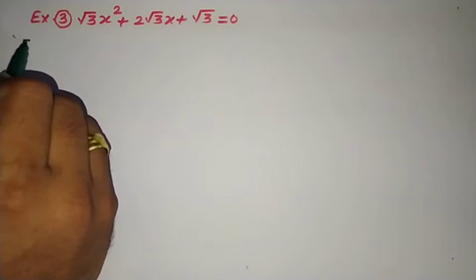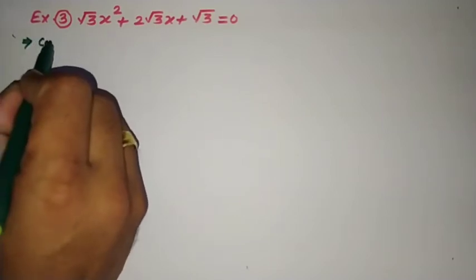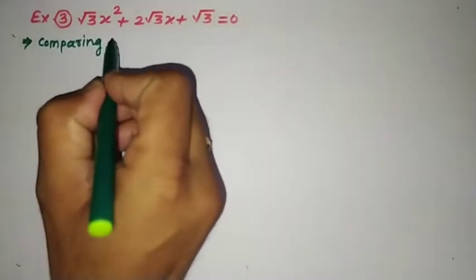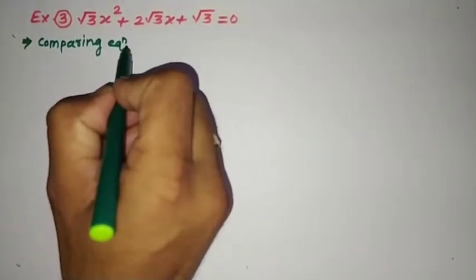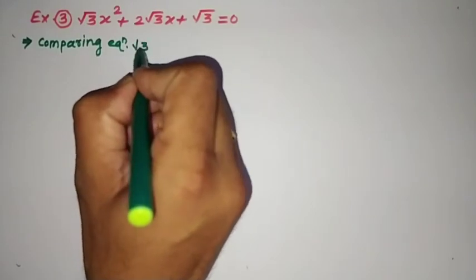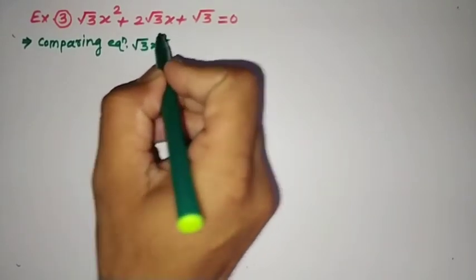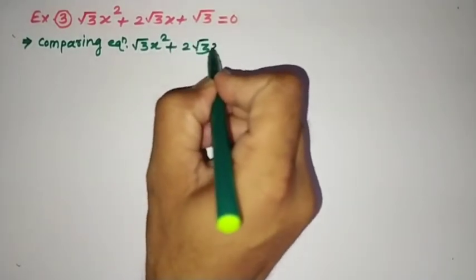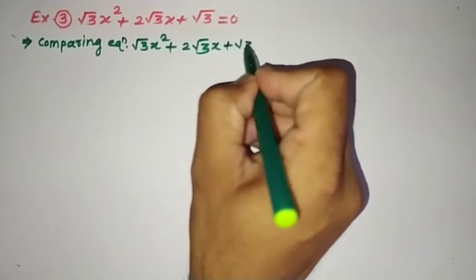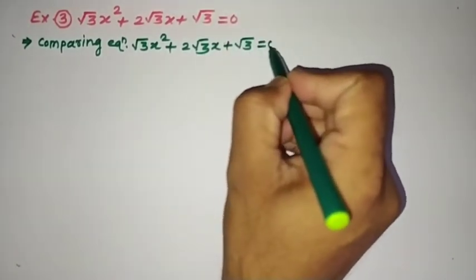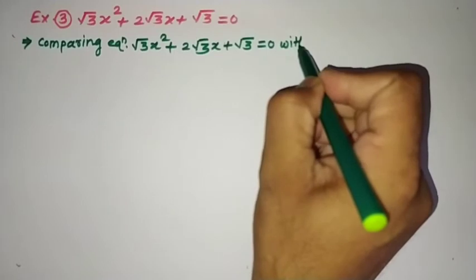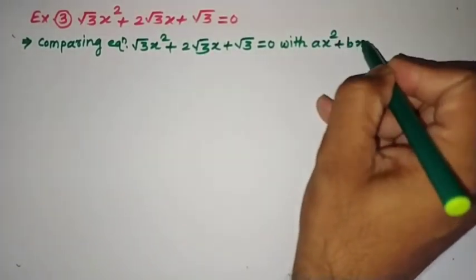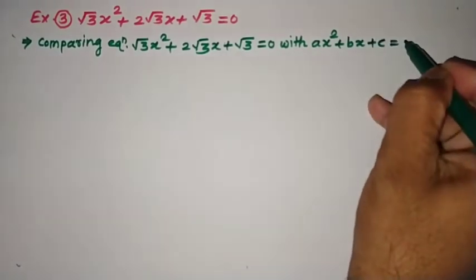First, comparing the equation root 3 x square plus 2 root 3 x plus root 3 is equal to 0 with ax square plus bx plus c is equal to 0.